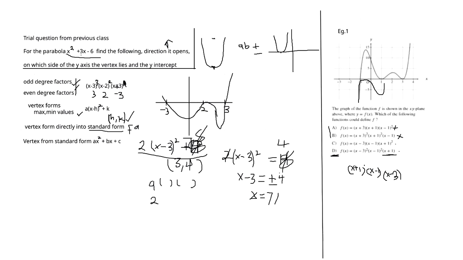Okay, so our answers are 7 or -1. So the factors would be what? x minus 7 and what? x plus 1.